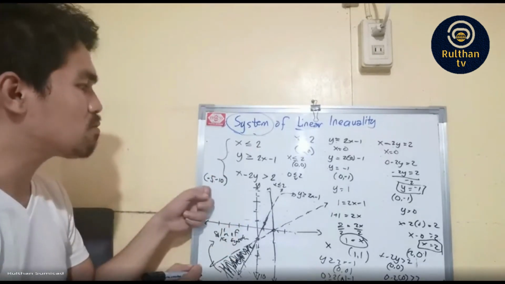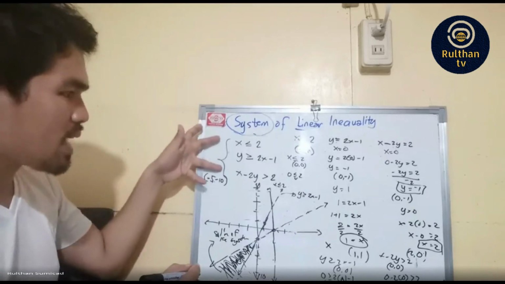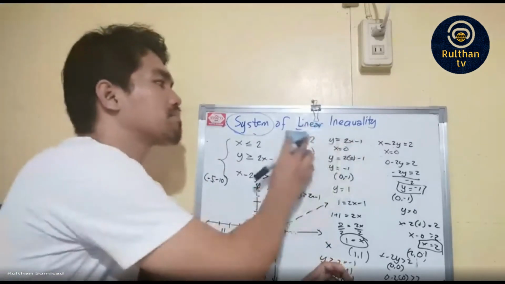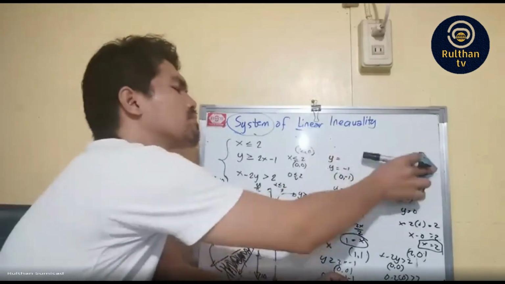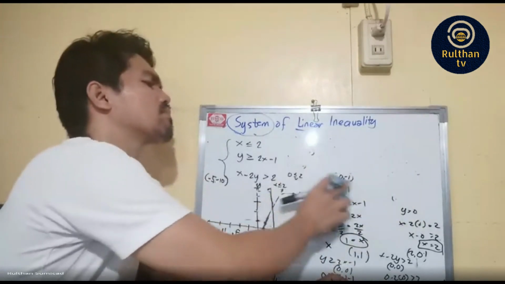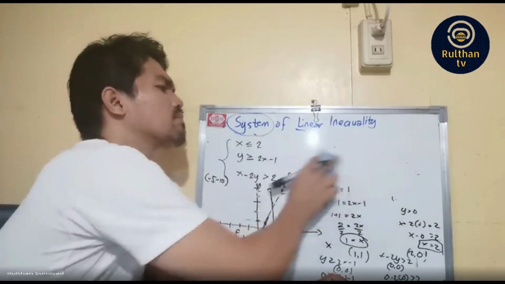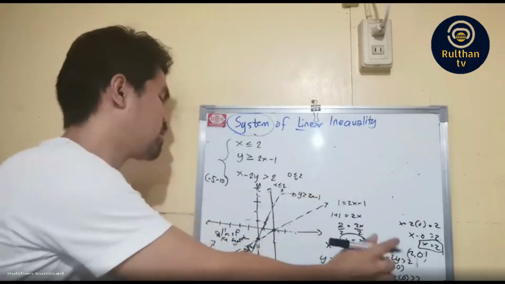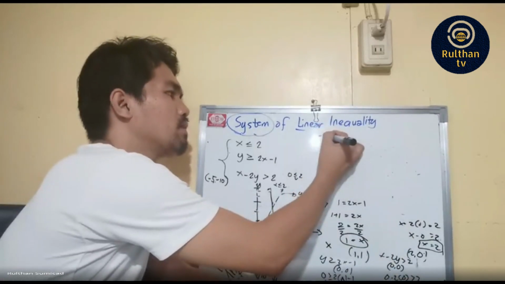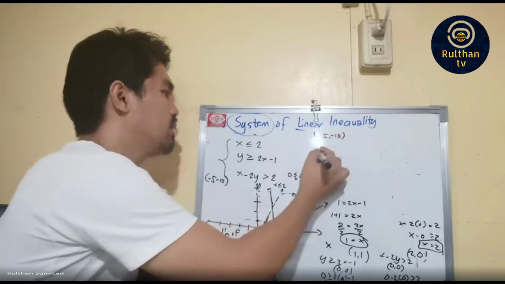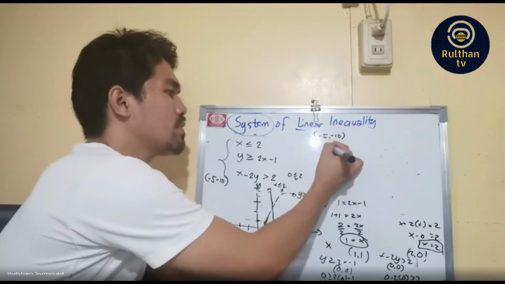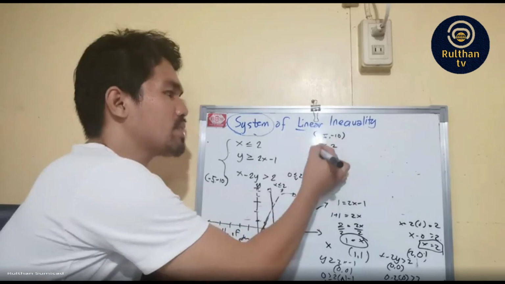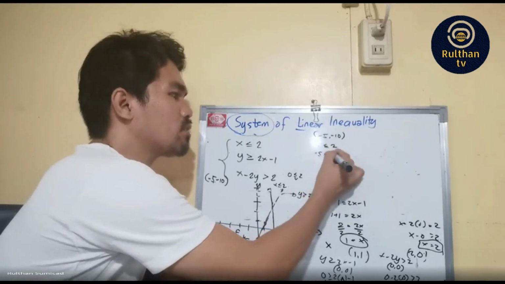Now let's test whether it will satisfy these three. Okay, let's check. So that's going to be -5 and -10. So that's x less than or equal to 2. Our x is negative, so that's -5 less than or equal to 2. Correct?